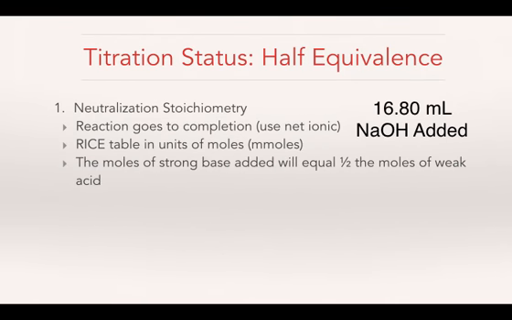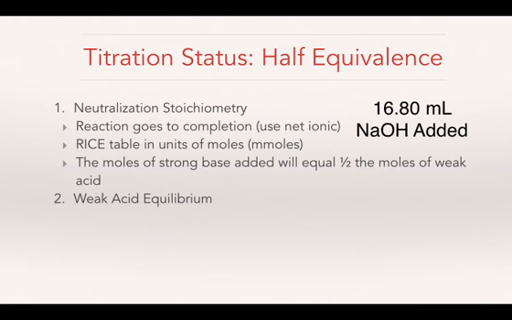And then we're going to use those values and recognize the fact that we are going to have half of the amount of acid that we begin with. And we will see that the ending values for our acid and its conjugate base will be equal. And that's what makes the half equivalence point special.